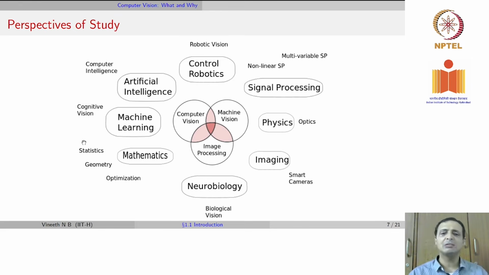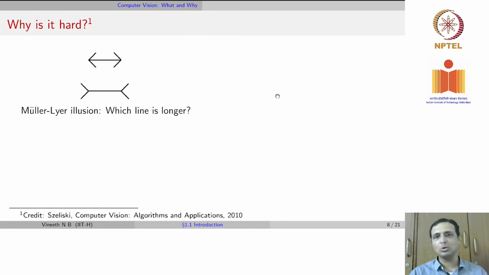And of course, there are various other peripheral areas such as cognitive vision, statistics, geometry, optimization, biological vision, smart cameras, optics, multivariable and nonlinear signal processing, robotic vision, so on and so forth. And these are all connected to those larger topics that you see them organized next to. So that gives you a perspective of the various topics that are connected to computer vision. Obviously, we won't have the scope to cover all of them. I'll soon talk about what we're going to cover in this particular course.